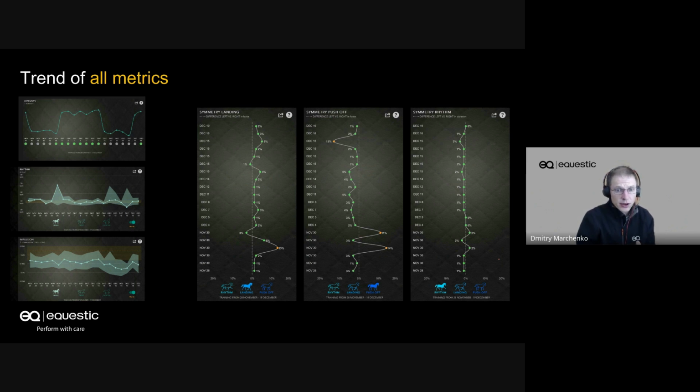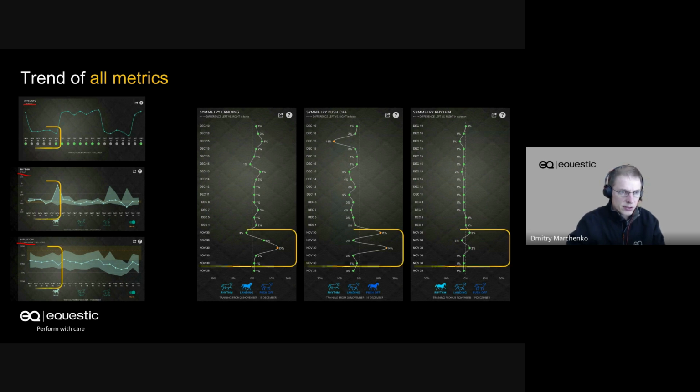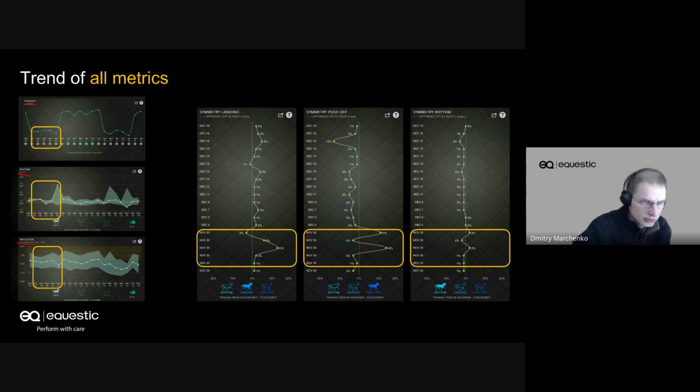You see the same time frame here, November 28 till December. On the left side are the charts about the intensity, about the rhythm and impulsion, and those three charts about the symmetry. Let us zoom into this. Here you see a frame, November 30, and those are the split trainings.